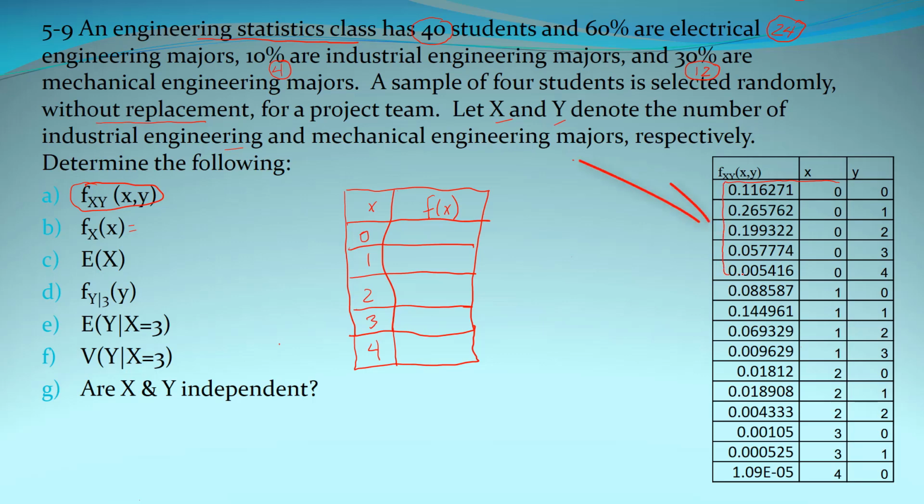well, that's all of these things right here. So all we have to do is add up all the probabilities where x is equal to 0. If we do that, we will get 0.64445.